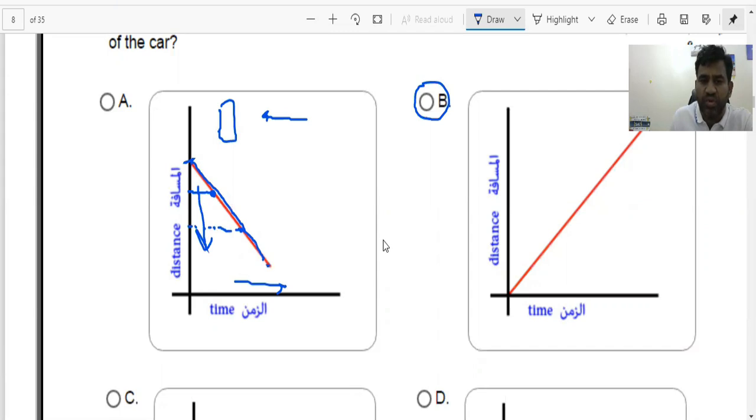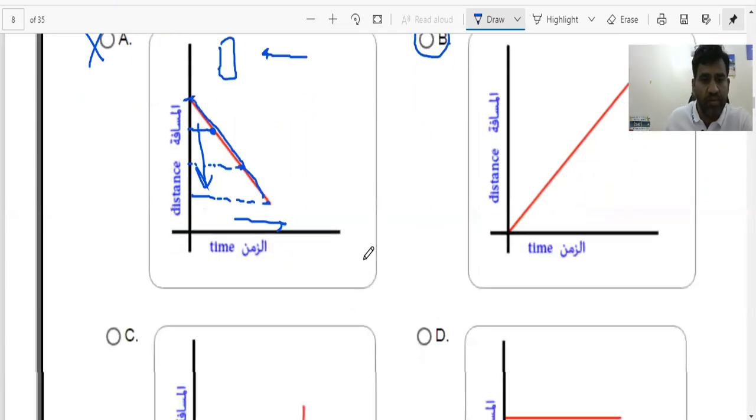At 10 seconds, the distance may be 1 meter, and so on. As the time increases, the distance decreases. This is not the car moving away from the motion detector. That's why this is not the correct one.